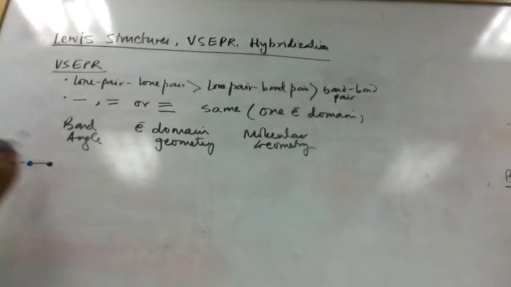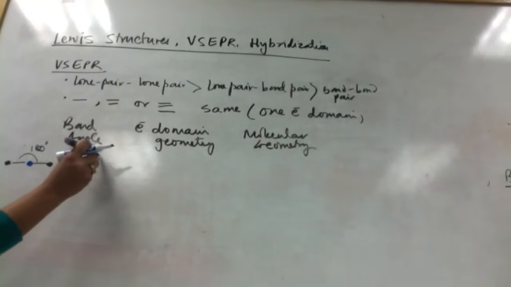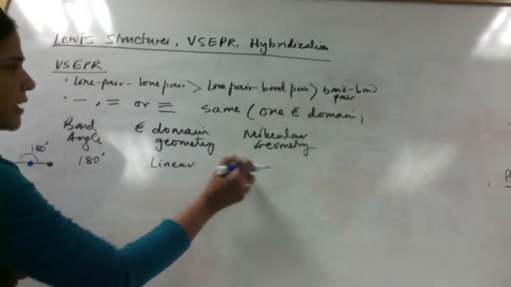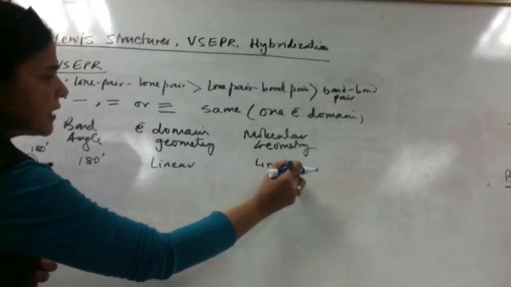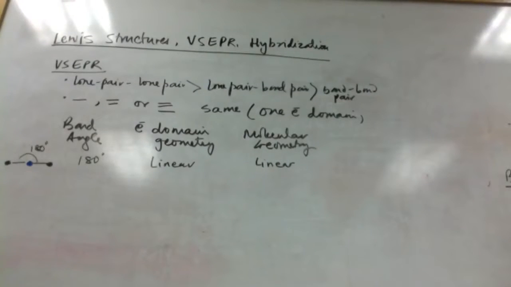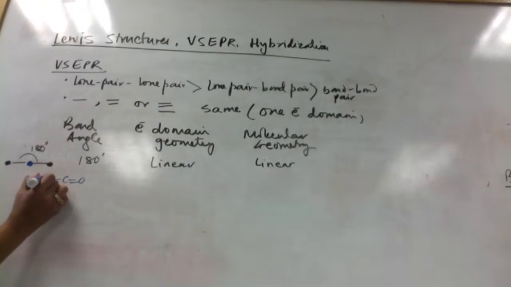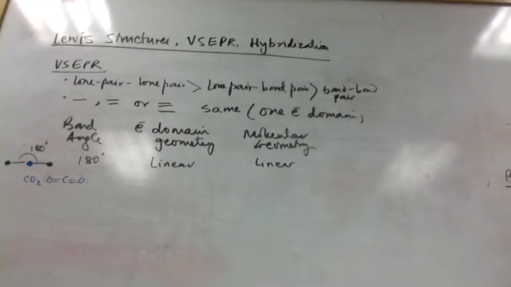The farthest they can be from each other is 180 degrees. So the bond angle is 180 degrees, and electron domain is linear and molecular is linear as well. The examples here could be CO2 molecule, C double bond O, right? That is an example of it.